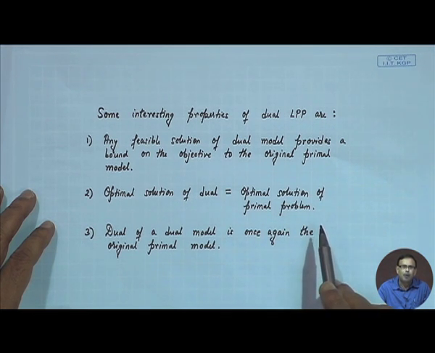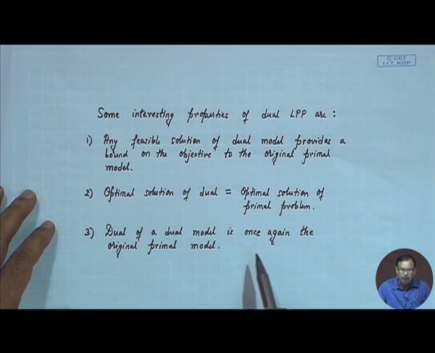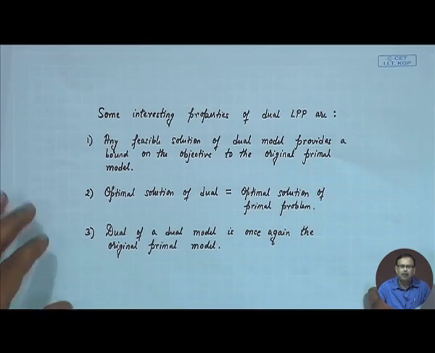Please note this one. Third point is, the dual of a dual model is once again the original primal model. That is, you have the original model, you take the dual of the problem, then if you again take the dual of the dual, you will get back the original model.